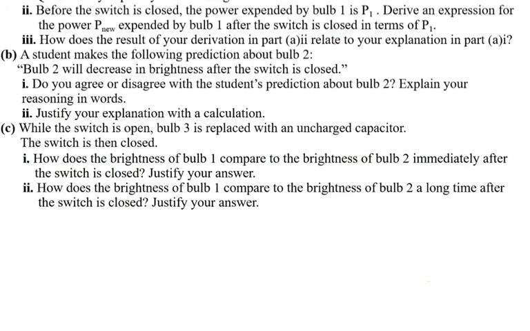And for the last part, for C, they say while the switch is open, bulb 3 is replaced with an uncharged capacitor. The switch is then closed. How does the brightness of bulb 1 compare to the brightness of bulb 2 immediately after the switch is closed? Justify your answer.